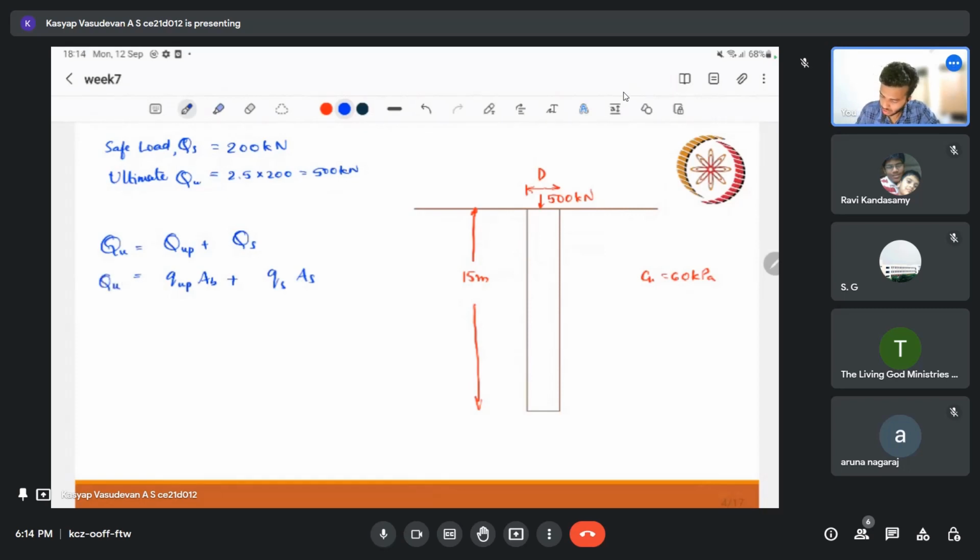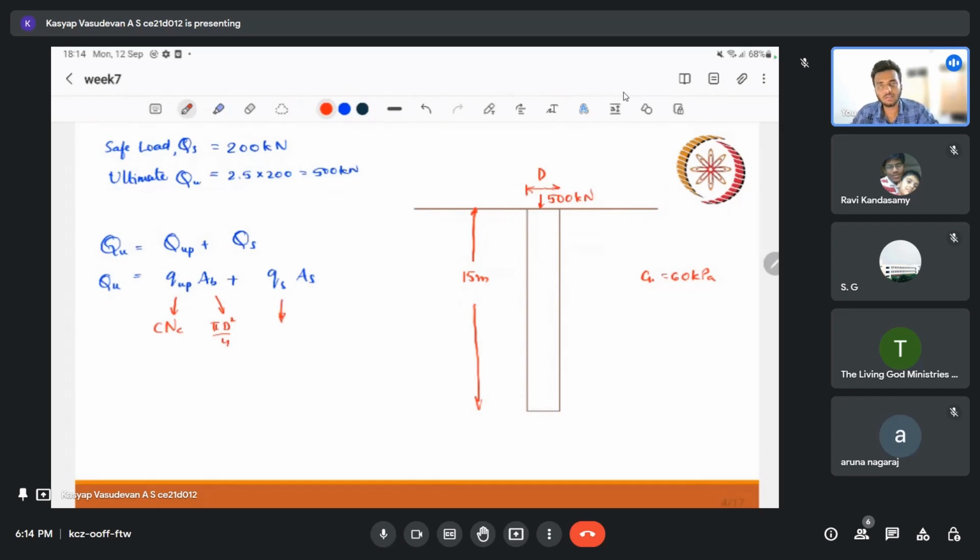Since we are dealing with clay soil, I can write CNc, right? If you remember our Terzaghi's equation, this is the first term that we are using. So CNc and Ab. Ab is nothing but, since this is circular, pi d square by 4.